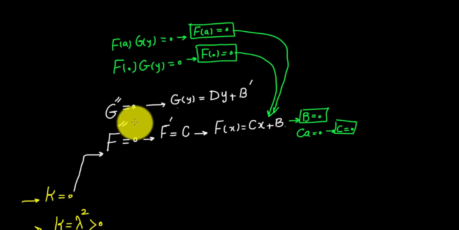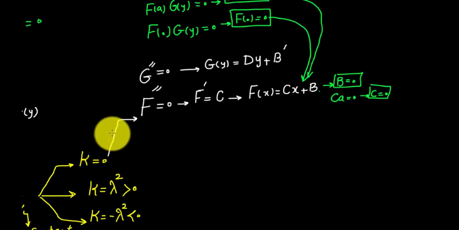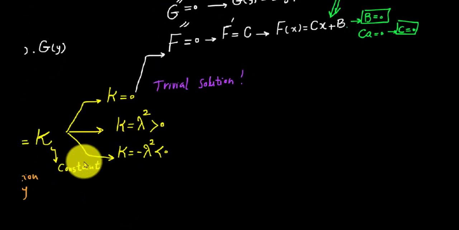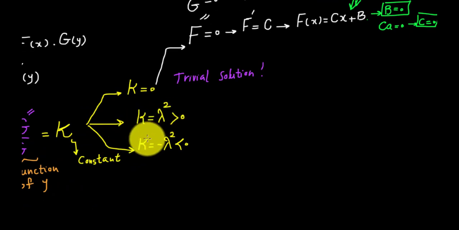So it means that for this case, where k is 0, I ended up getting a trivial solution, meaning u of x comma y is equal to 0. So I will just pass this and we will go over the second scenario and the third scenario.